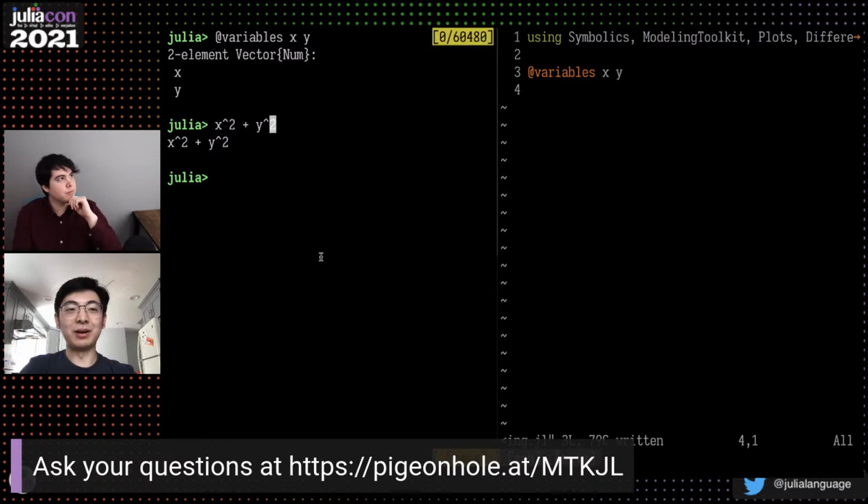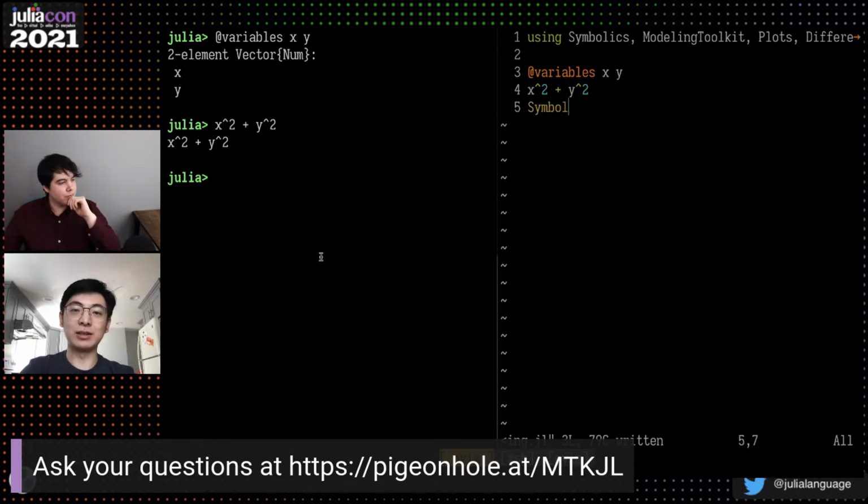the most simple symbolic operation that we can do on this expression is differentiation. So we can do it by Symbolics.derivative of this expression with respect to x.